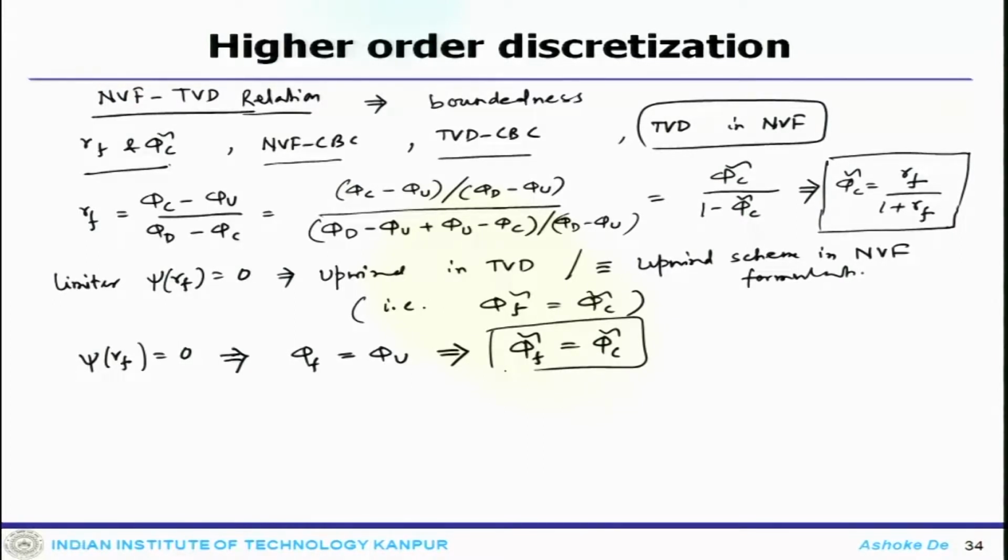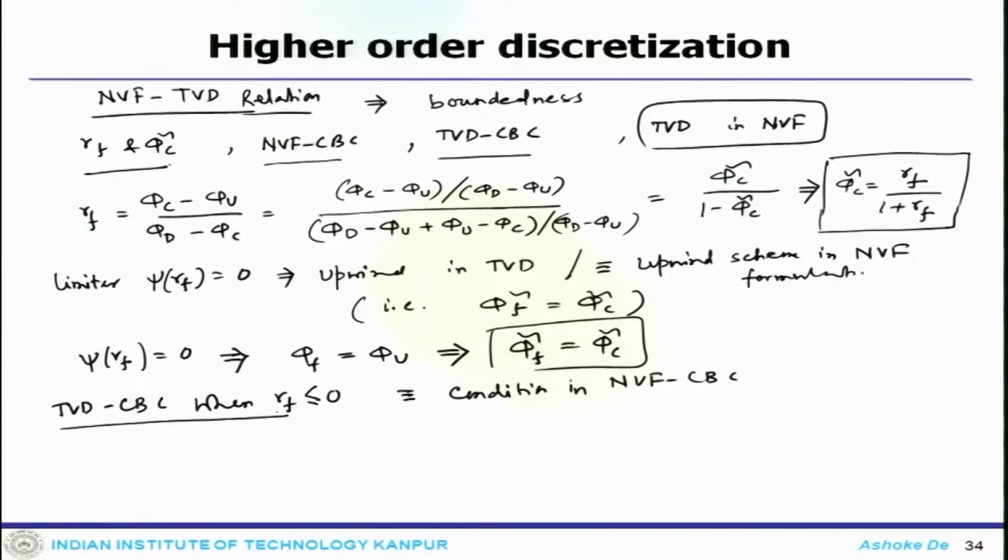So, the upwind scheme is imposed as a limit for the TVD CBC when RF is less than 0, and the similar or equivalent condition in NVF CBC. So, this is the condition for the TVD CBC and this is the condition in NVF CBC: RF less than or equal to 0.